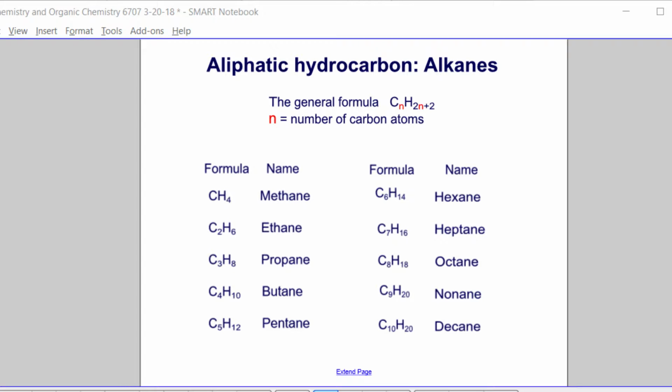The name and formula for the first 10 alkanes is shown, and so let's just pick one, heptane. Hept meaning 7, so we have 7 carbon atoms, C7, and then the hydrogen atoms are twice as many, 14, plus 2, so we have 16 hydrogen atoms.